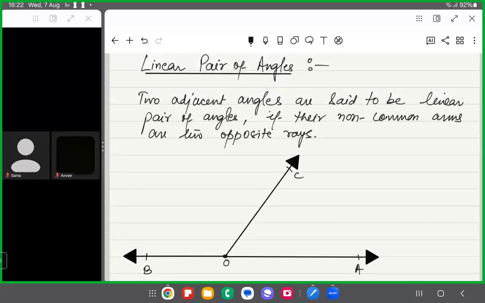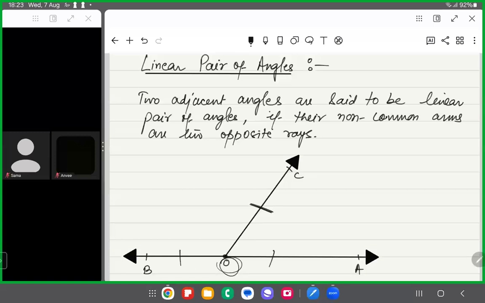Why? Because they have a common vertex, this is the common vertex. They have a common arm. And the non-common arms are on either side of the common arm. Yes, that is also true.